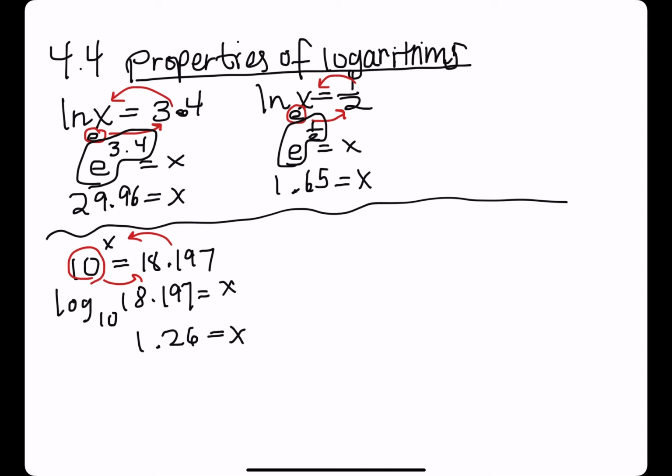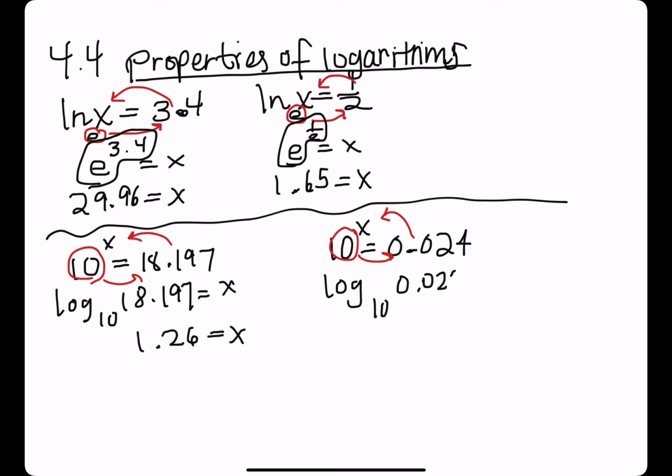I'm going to show that one more time. 10 to the x power is 0.024. Turning this into a log, starting with the base, looping and swirling. The base goes here, down low, and then the 0.024 would go here, swirling back to get the x.